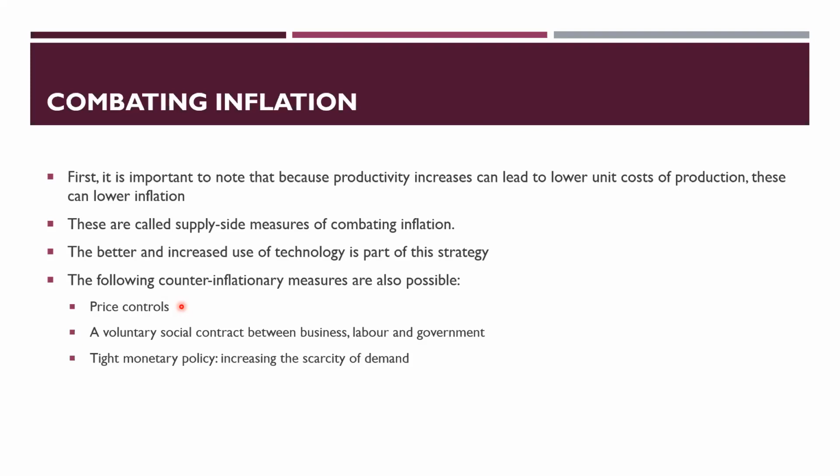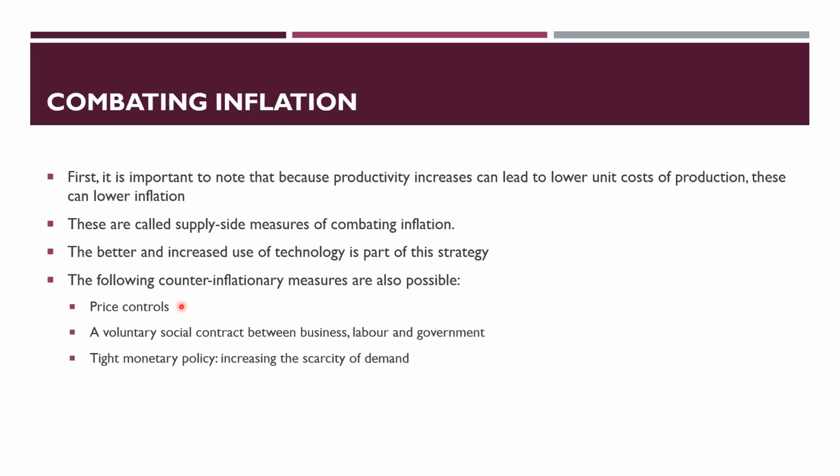There is also another way, which is a tight monetary policy. Remember, I explained in our previous lecture that there is a difference between an easy monetary policy and a tight monetary policy. A tight monetary policy, we are reducing money supply in the economy. An easy monetary policy, we are doing the opposite. So if it's a tight monetary policy, we are increasing the scarcity of demand in the economy.